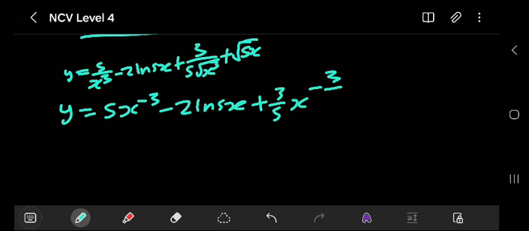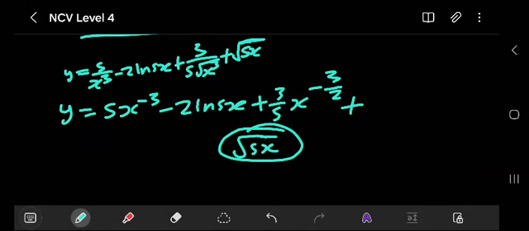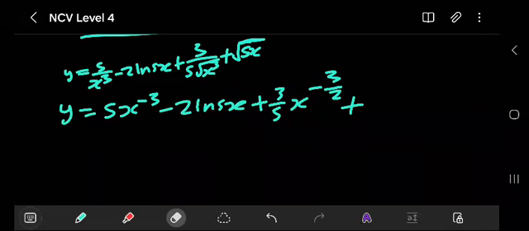minus 3 over 2. Plus, take note, the square root is for both, we have the square root of both 5 and x. So if you have that, guys, it's the same as the square root of 5 multiplied by the square root of x.